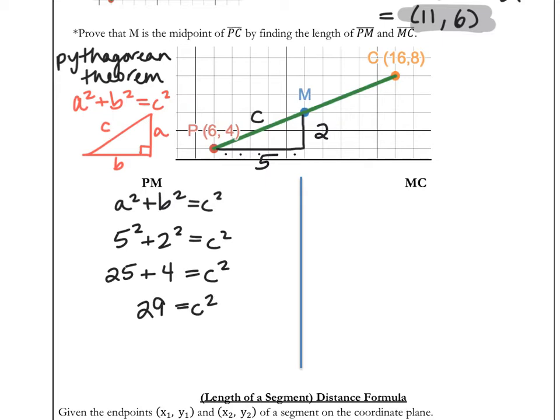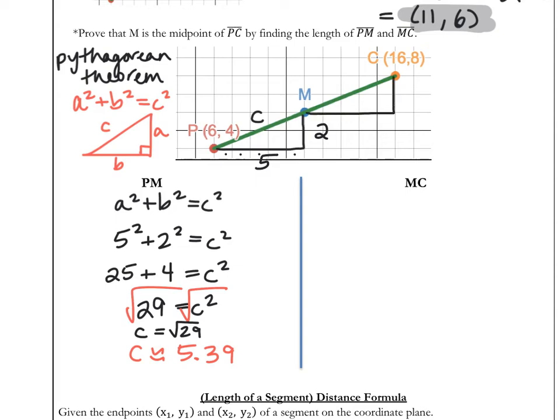And to undo a squared, I take the square root. So c is approximately 5.39 if you go ahead and round it, but you could also leave it as a square root since it can't be simplified. Okay, next one, we're going to do the same thing for MC.